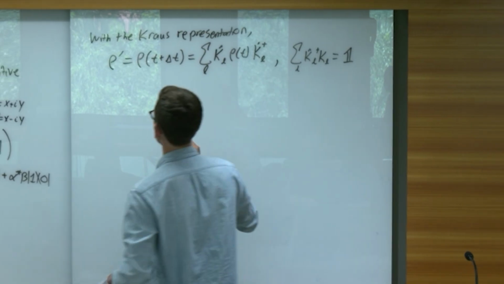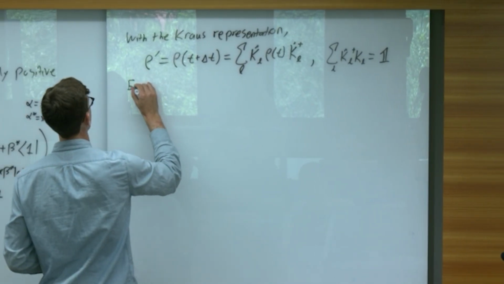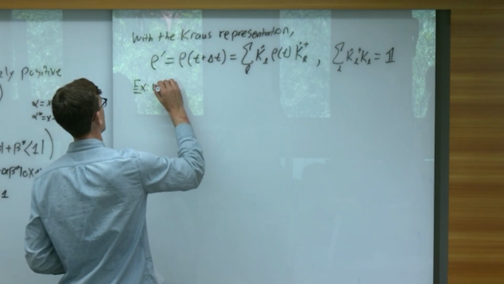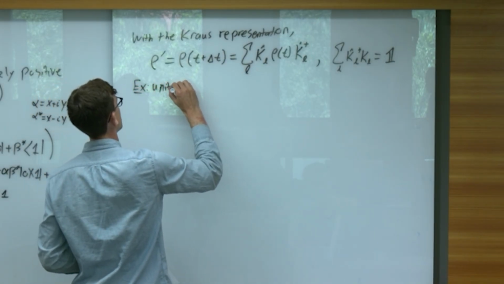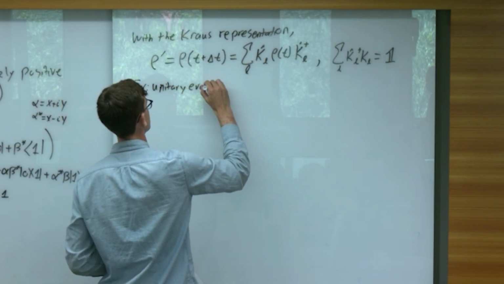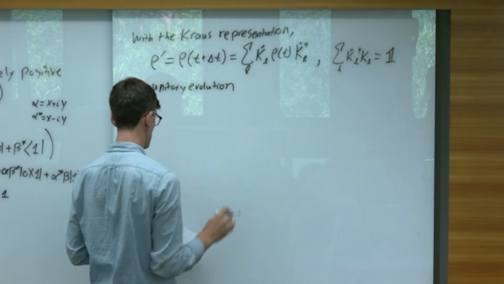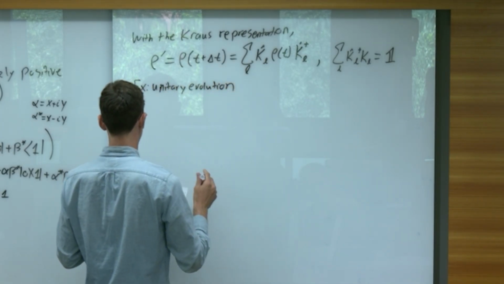Let's consider the first example of just unitary evolution. What happens in this case?